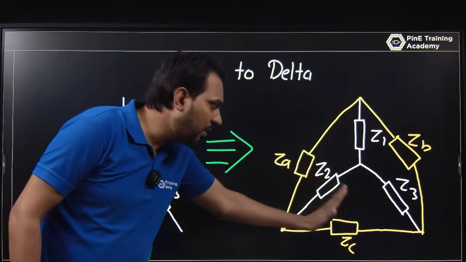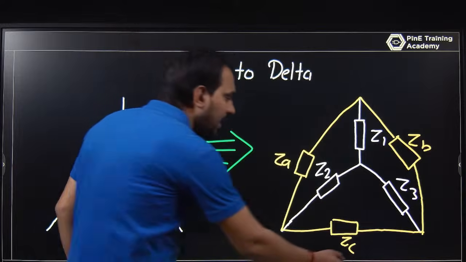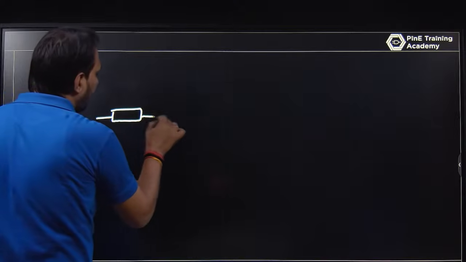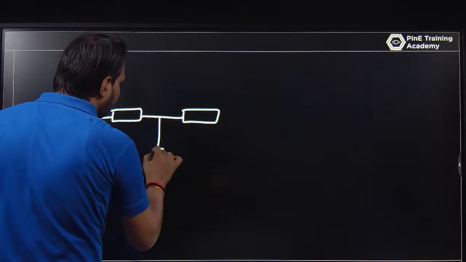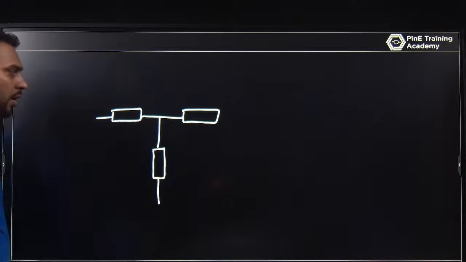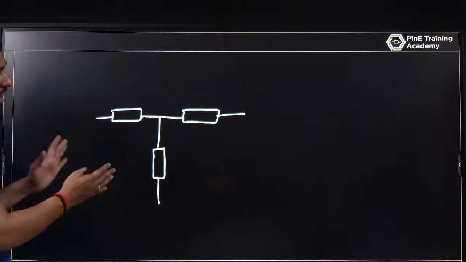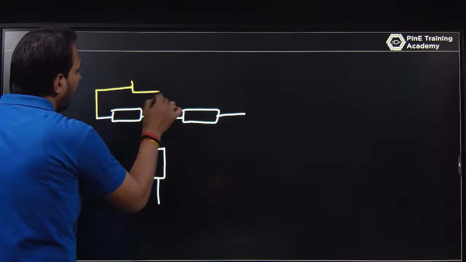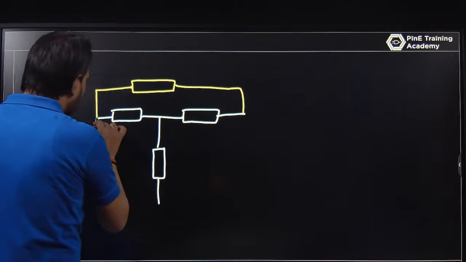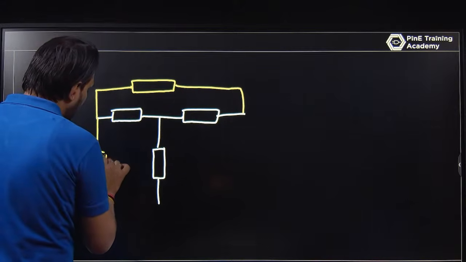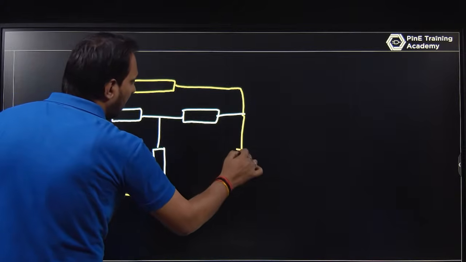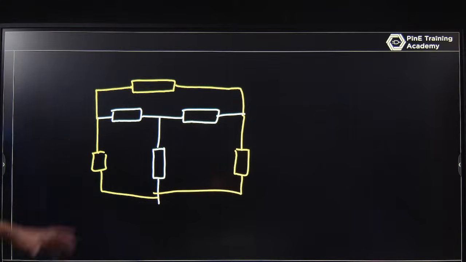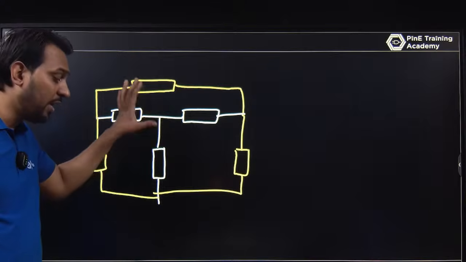You have this type of circuit. This is the T form. If it looks like this, you can convert it into a delta. Whenever you have this type of circuit, it is not easy to solve.